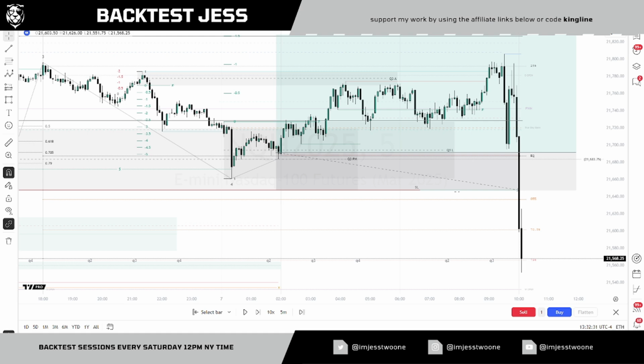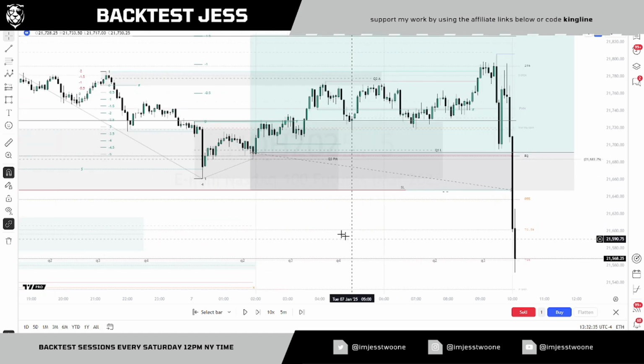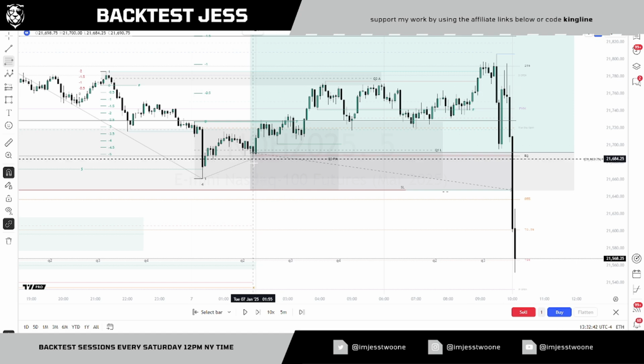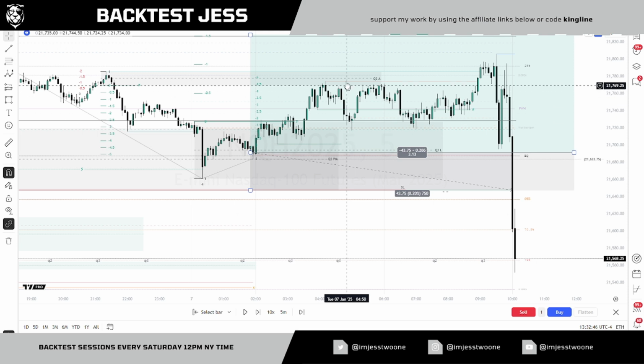Okay. Yeah, I think we would have trailed our stop here. We're taking this trade into London. So it would be this manipulation here. We would trail here. I think we would be in profit.